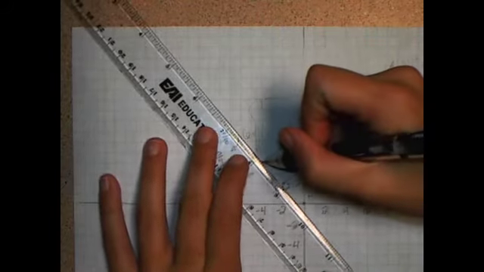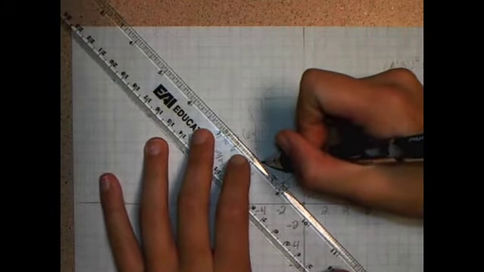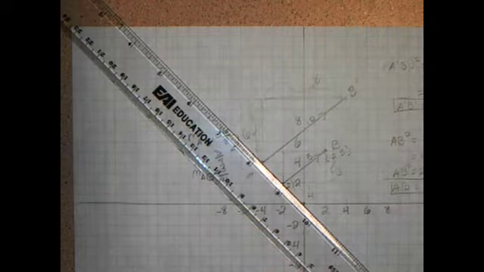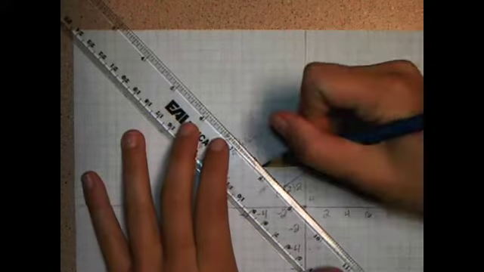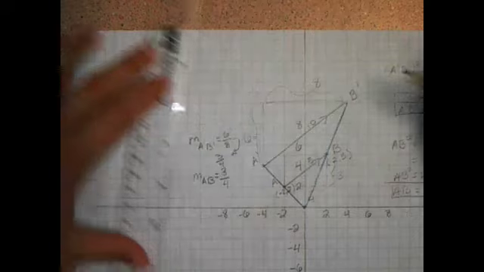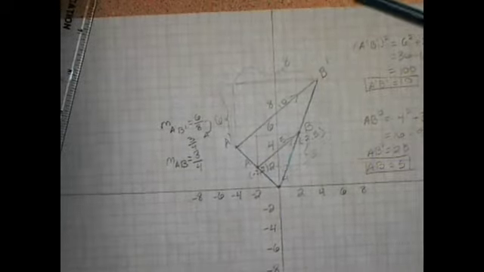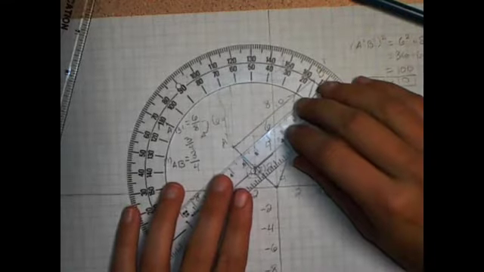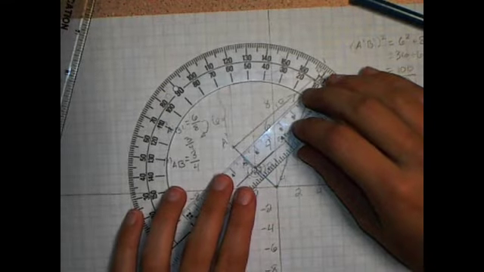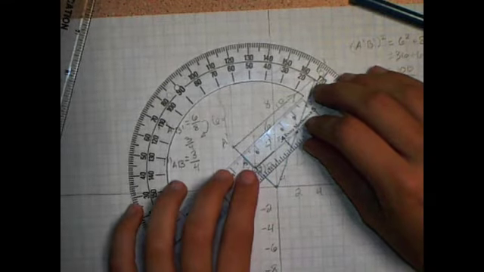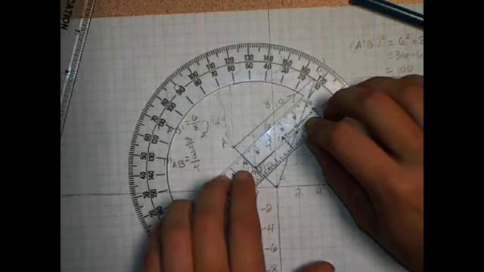I could also look at some of the properties by drawing in some auxiliary lines. I'll use a different color for that. And I could verify parallel lines by measuring with a protractor and seeing that I have, looks like a right angle there.